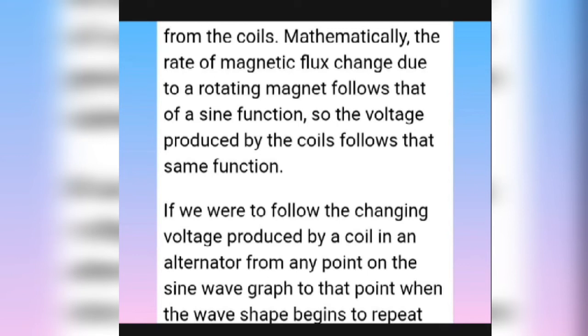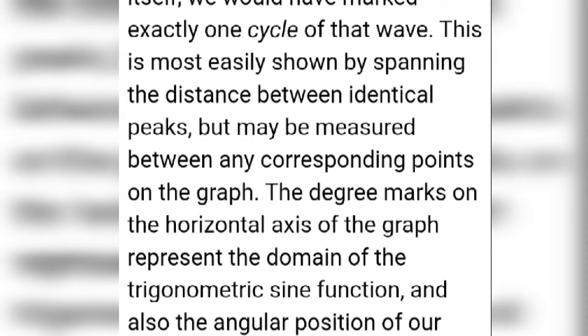If we follow the changing voltage from any point of the sine wave graph to the point where the wave shape begins to repeat itself, we mark it as one cycle of that wave.